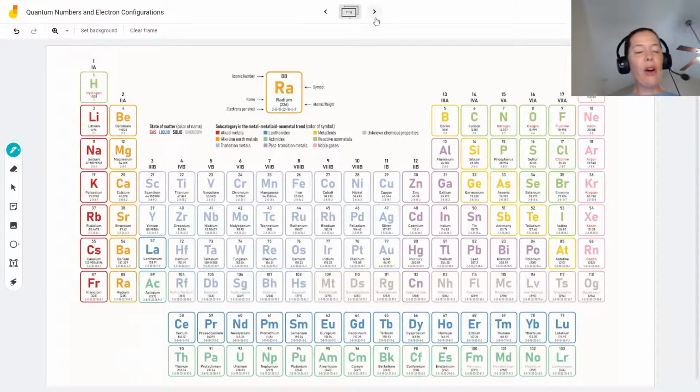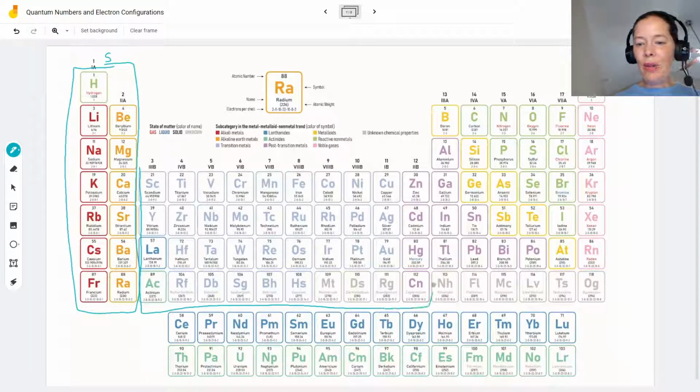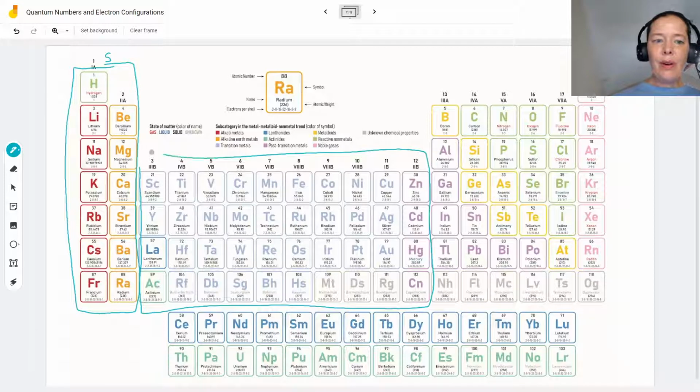As you're watching me do these electron configurations, it will help if you have a periodic table right in front of you, because then you'll be able to see it a little bit better too. All right, so I'm just going to go ahead and block off, like I did in that previous one, all of my orbitals. So these first two columns are my S. These guys in the middle are my D orbitals.